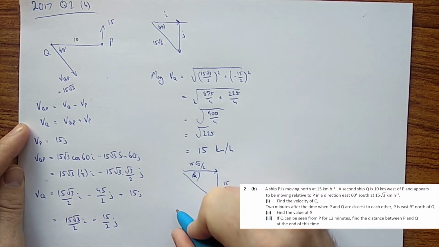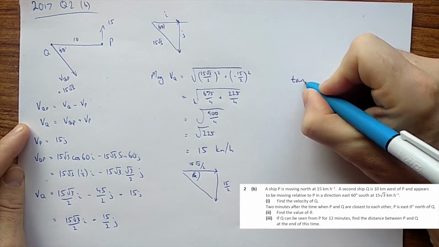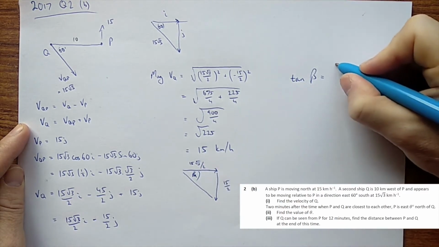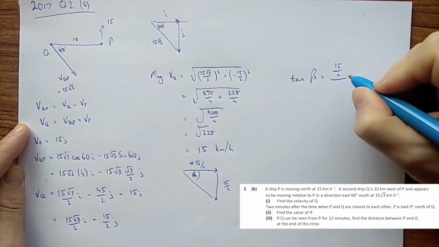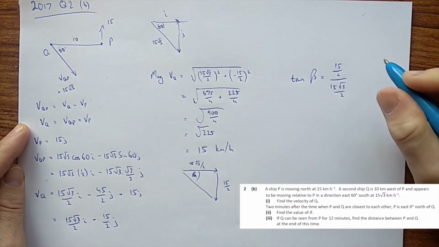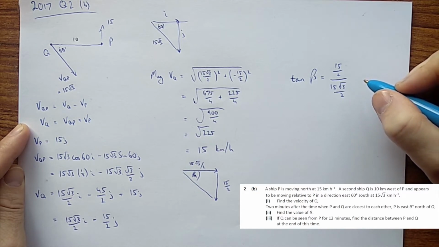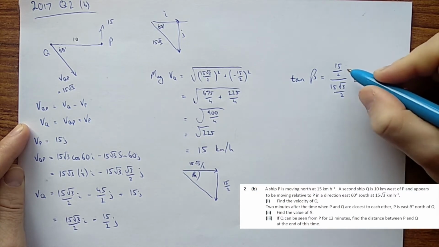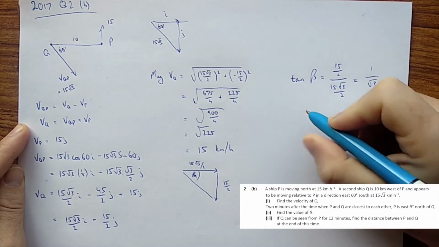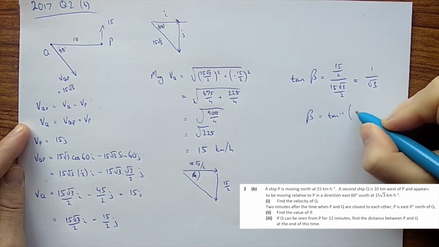So tan of beta is opposite over adjacent: 15 over 2 over 15 root 3 over 2. Lots of common stuff going on here. And that is going to equal, dividing everything by 15 over 2, 1 over root 3. So beta equals tan inverse of 1 over root 3.